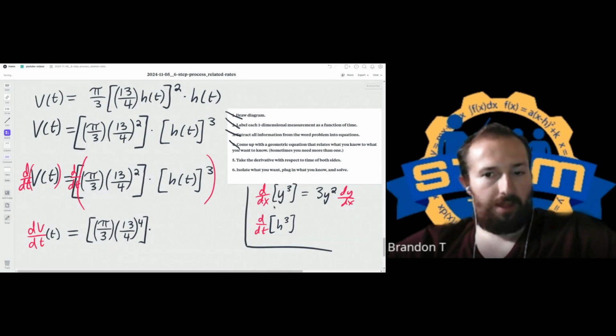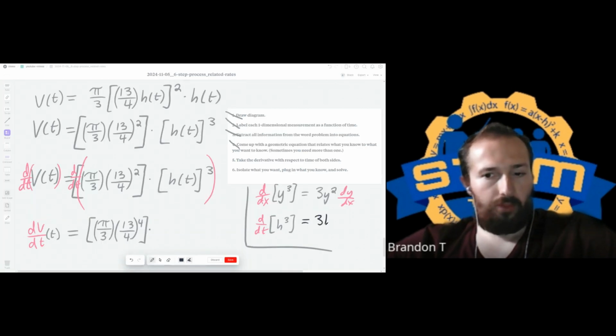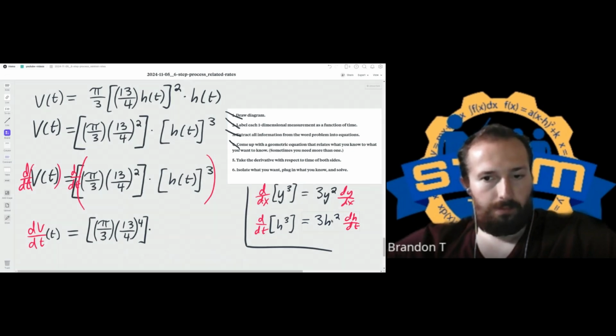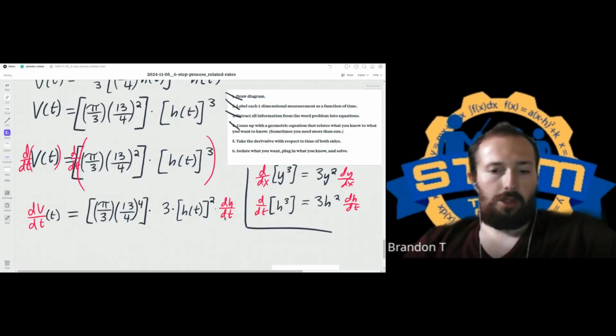So instead of y being a function of x that we're implicitly differentiating, now h is a function of t that we're implicitly differentiating. So it's still going to be 3h squared dh/dt, and that's implicit differentiation that causes that to be true. So this is going to be 3 times h of t, the whole thing squared, times dh/dt.